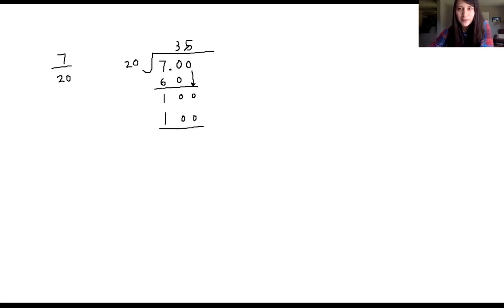Now, is my answer 35? No, it's not. Look at where my decimal is here. I'm going to bring that decimal back up and then put a 0 as my placeholder. And you could have done this right at the beginning. So if you did, then you're ahead of the game. And my answer is 0.35. Okay, so number 1, the answer is 0.35.